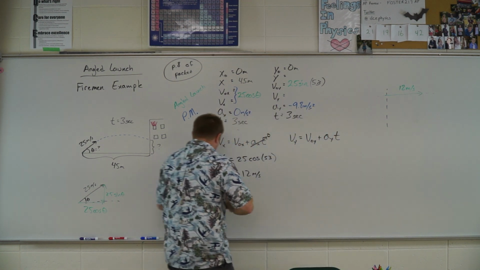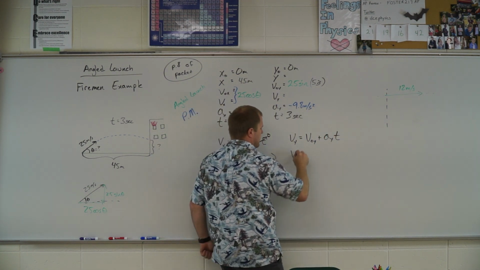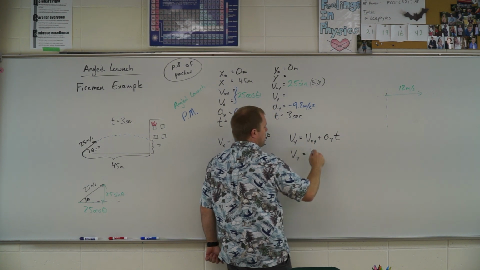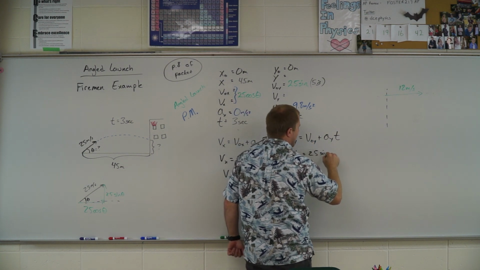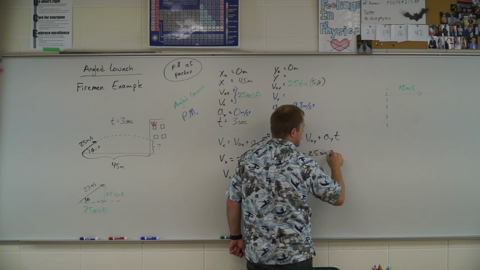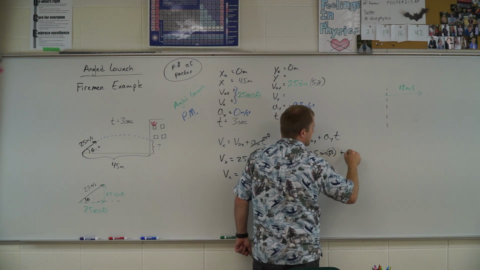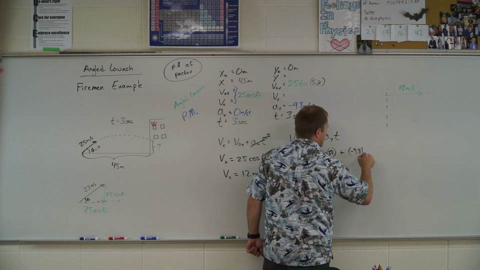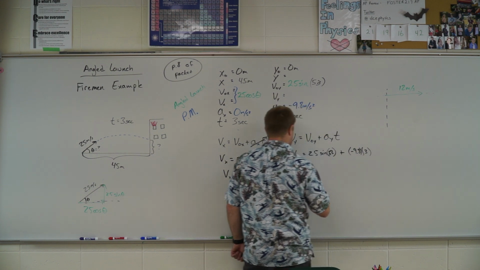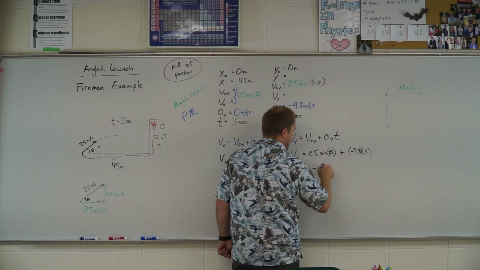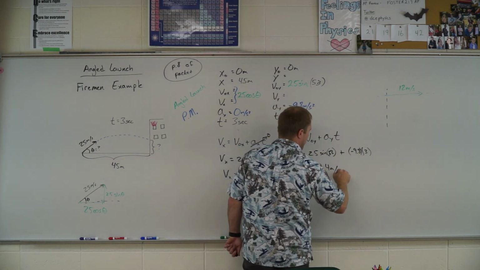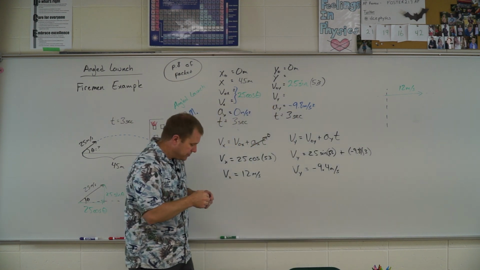Now to find my y component, I start plugging this information in. So I have V naught y, so 25 sine of 53 plus negative 9.8 times 3 gives me a vertical velocity of negative 9.4 meters per second.